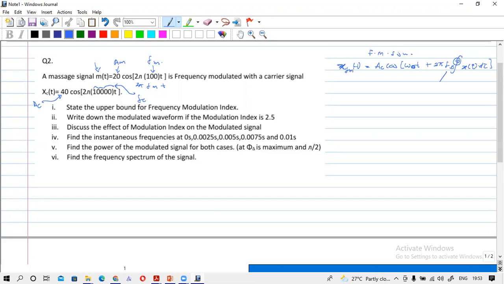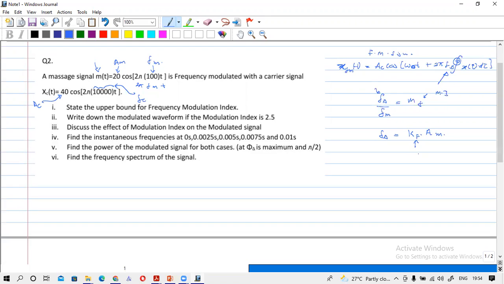Okay. We know that F delta is the frequency deviation. And if the frequency deviation is divided by the message signal frequency, we will get the modulation index. So this is the modulation index. And we also know that the frequency deviation F delta is equal to Kf times AM.